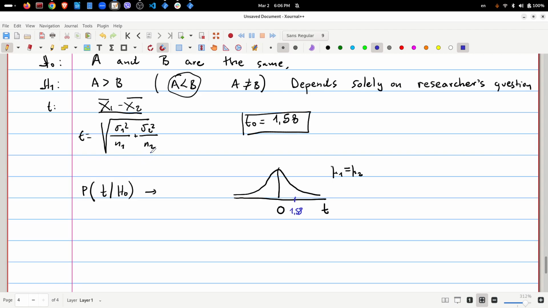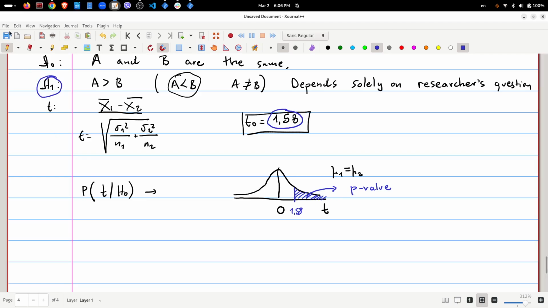So I want to test how possible is to have such a high value of t, or even greater than this, when the null holds. In other words, I want to calculate the probability of these events here. And this probability will be the p-value for this alternative hypothesis.